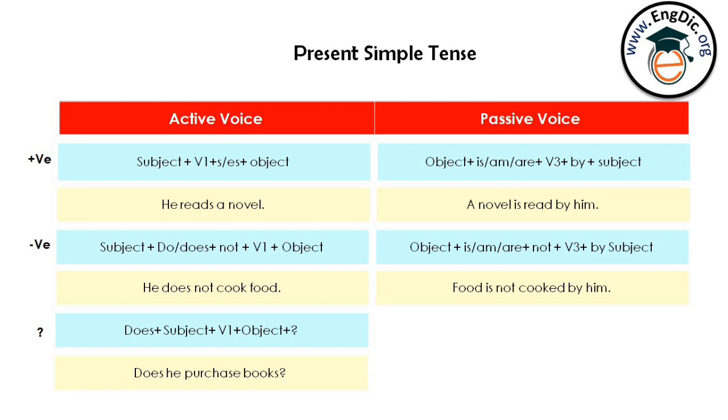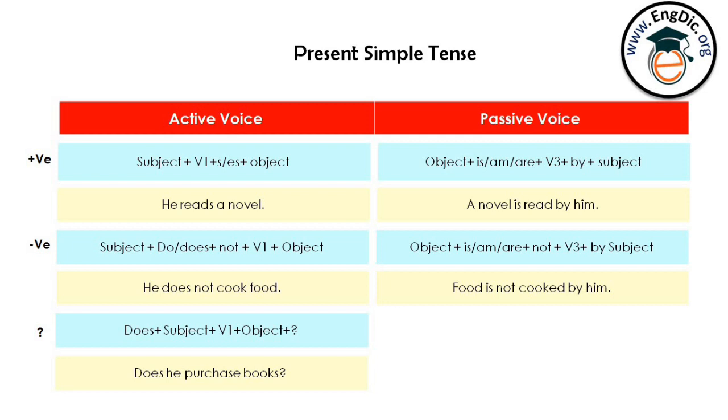So, as you can see in the example, does he purchase books? We have to put does at the start of the sentence, and then the subject he, then the first form of verb purchase, and then the object books, and then lastly and most importantly the question mark. Does he purchase books?